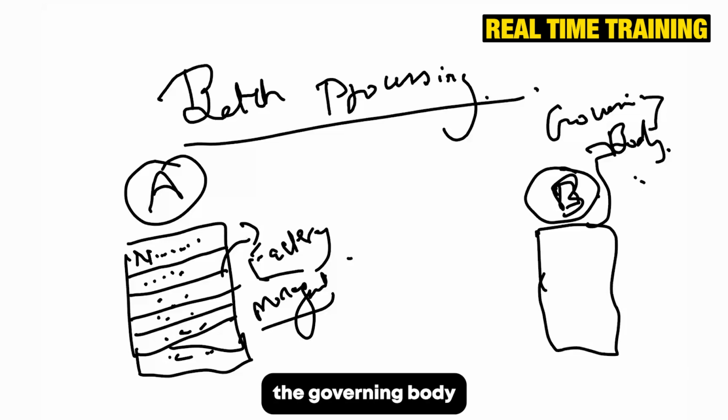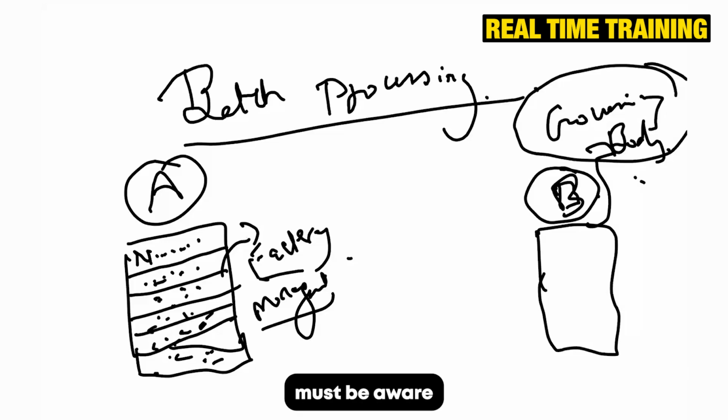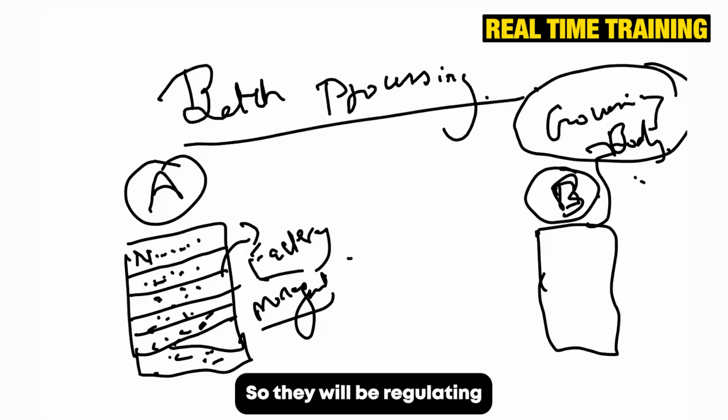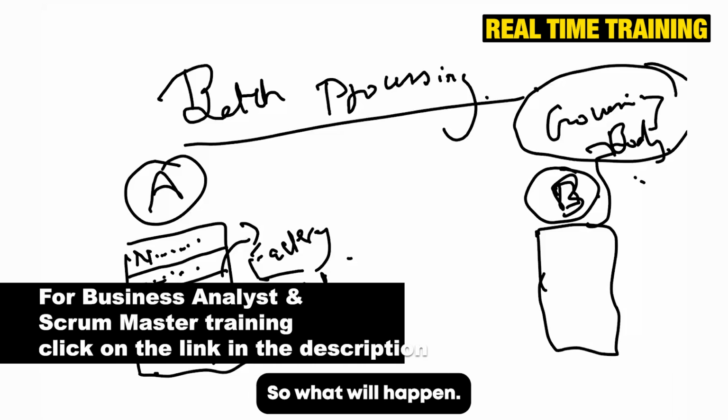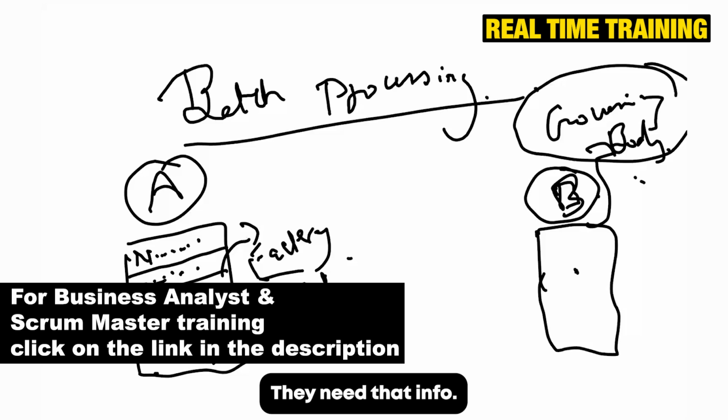Now the governing body, as per regulation, must be aware of all these things. Why are the workers leaving? Are the safety standards maintained or not? So they'll be regulating these factories. They need that info.